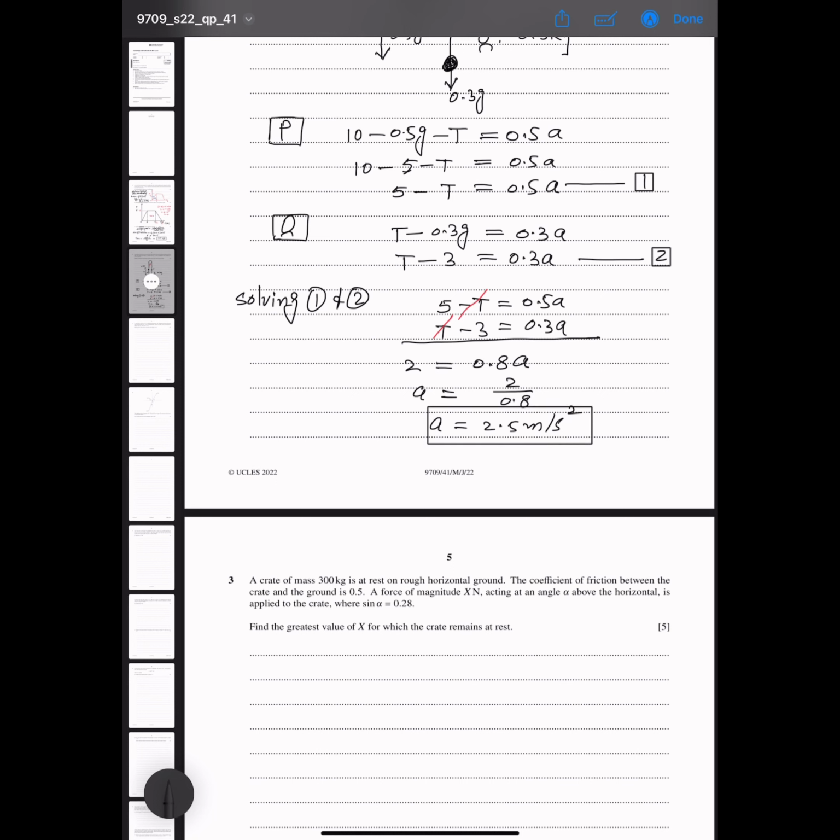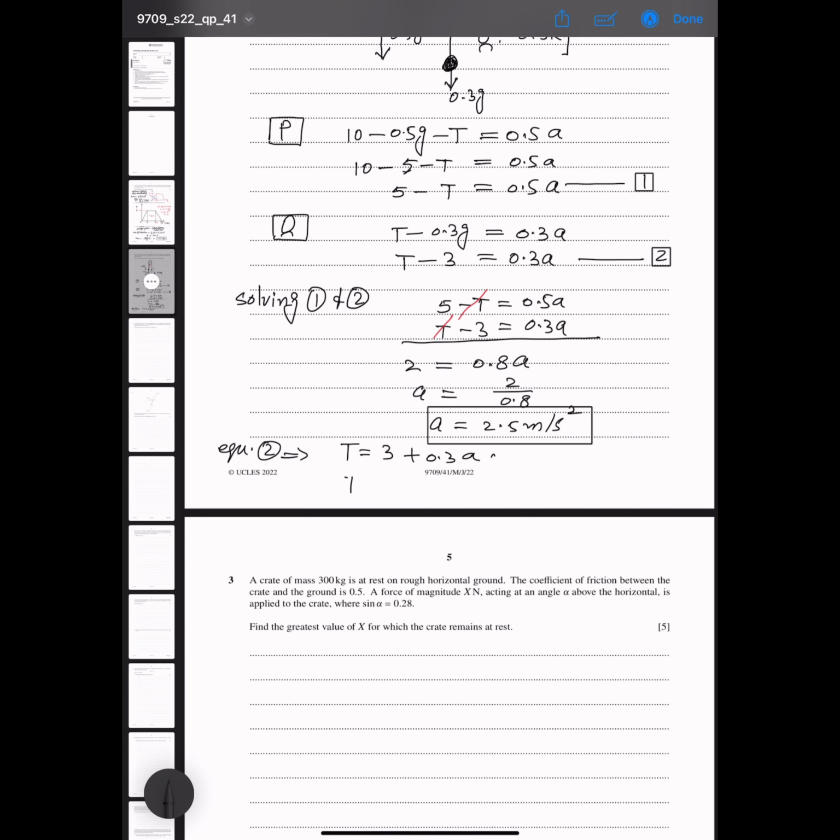Now putting the value of acceleration in equation number 2. T is equal to 3 plus 0.3a. You can put it in equation 1 as well, the same tension value will come.